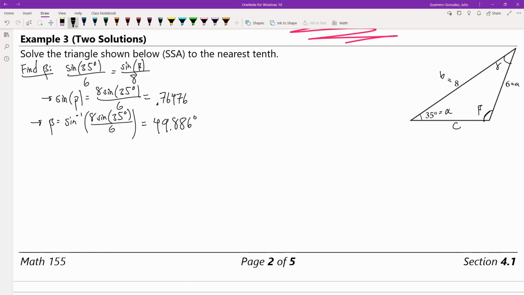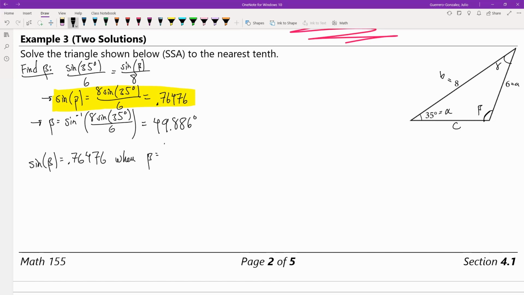Okay, again, I want to go back and analyze this statement. Sine of beta is equal to 0.76476 when beta is equal to two different angles.